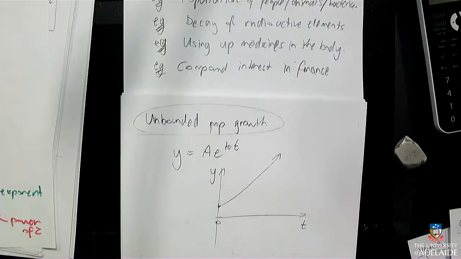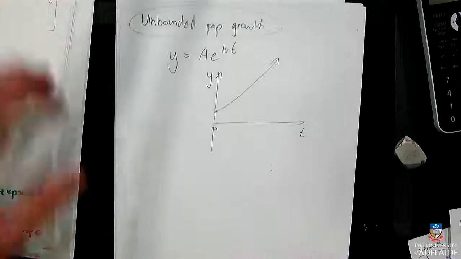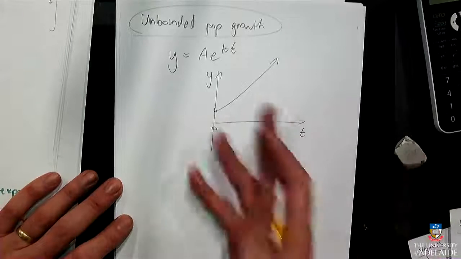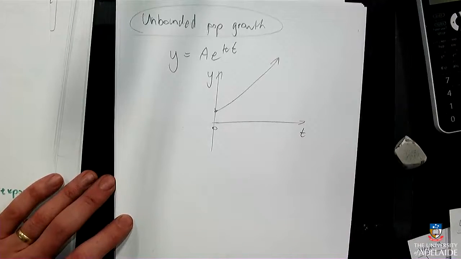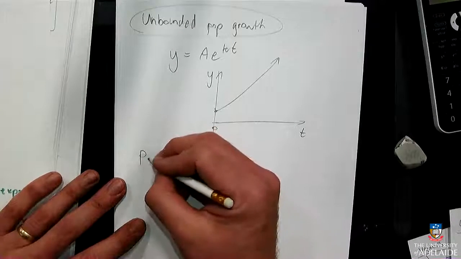It keeps going like that. Or you could have logistic population growth, which is population growth with a capacity.